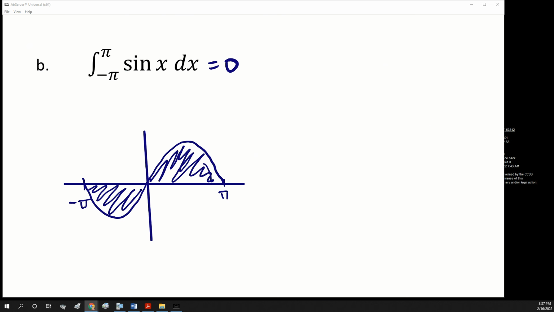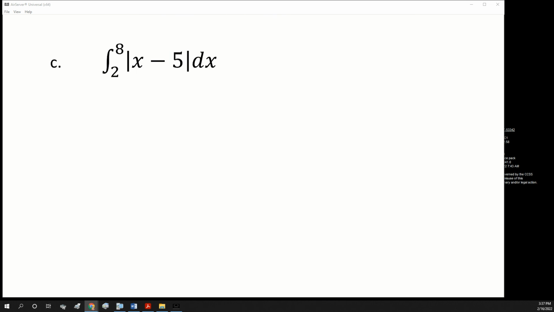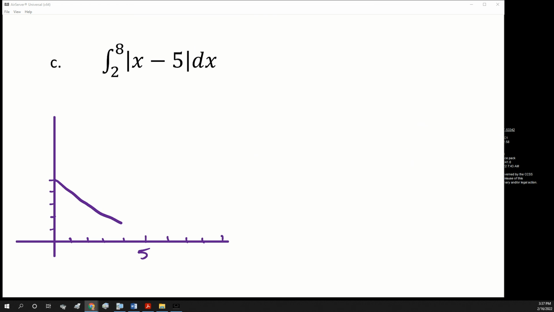All right, and then this last one, you're going to need to remember what an absolute value graph looks like. So an absolute value graph is a V graph. This is a V graph that has been shifted 5 units to the right. Okay, and so I haven't drawn these super symmetrical.